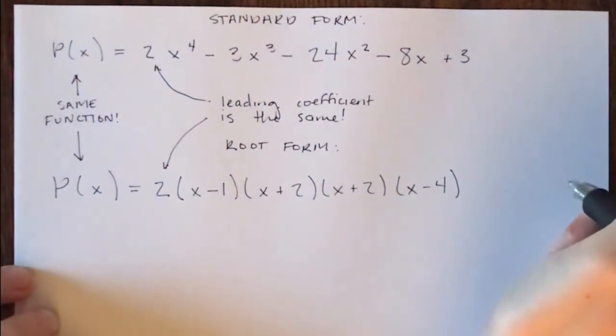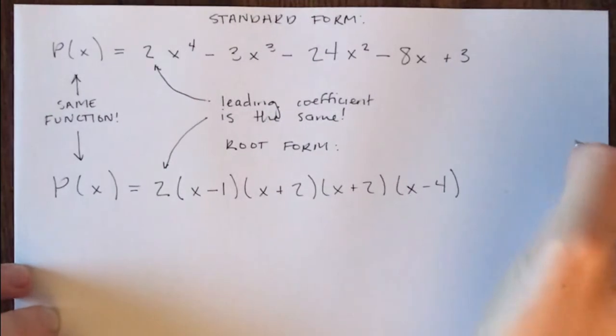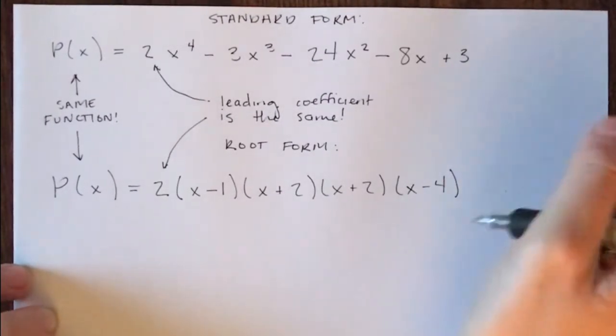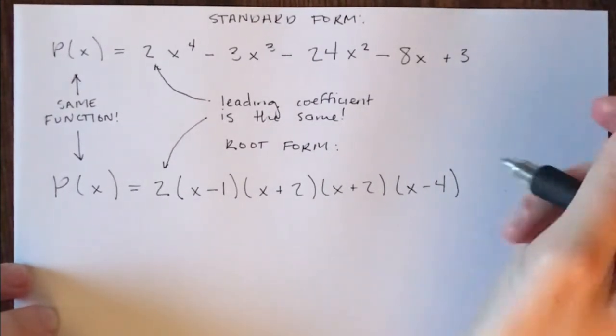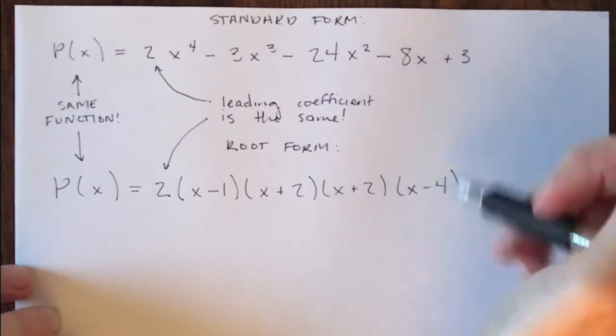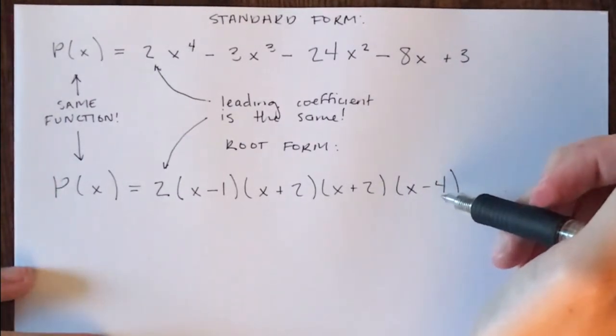We have the same leading coefficient for both forms. That's not a coincidence. That will always be true. We have the same leading coefficient whether we're in standard form or root form.